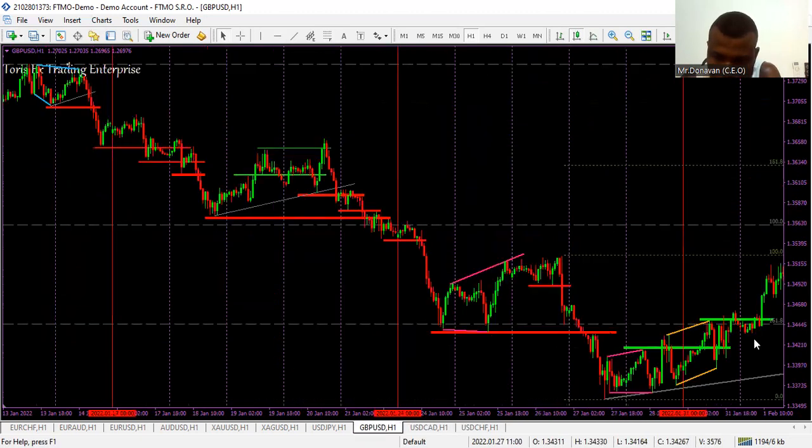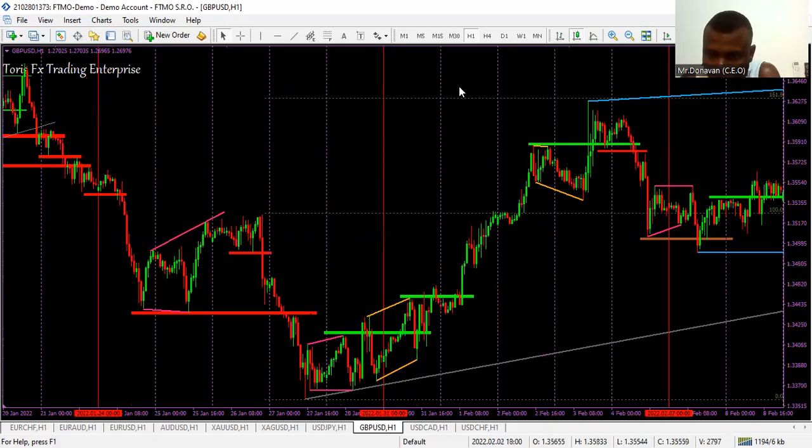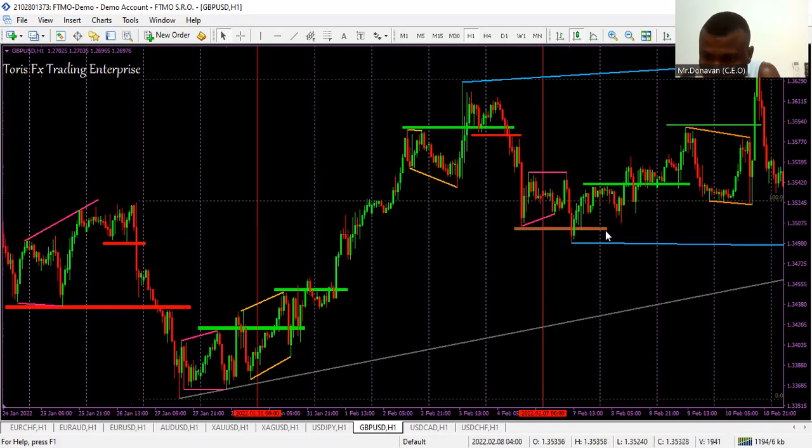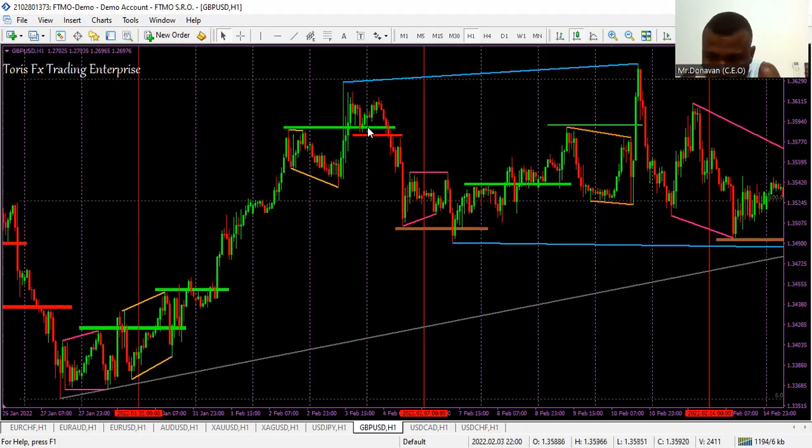So once 161 of that was hit, before we start getting the pullback, we get this sell, and it's a loss trade. We have 1, 2, 3, 4, 5 loss trades.